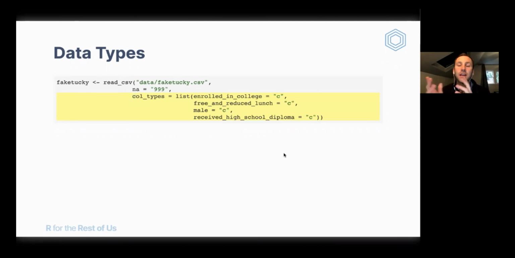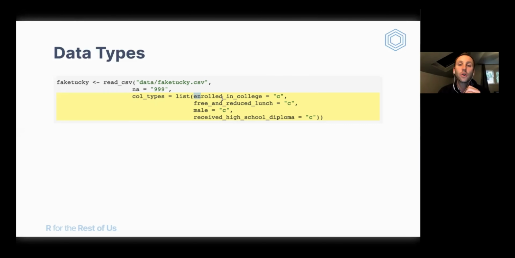And this is actually, if you download the materials, I think yesterday I changed this. What we can do with the col_types argument is we can say, I want you to treat these columns as this type.